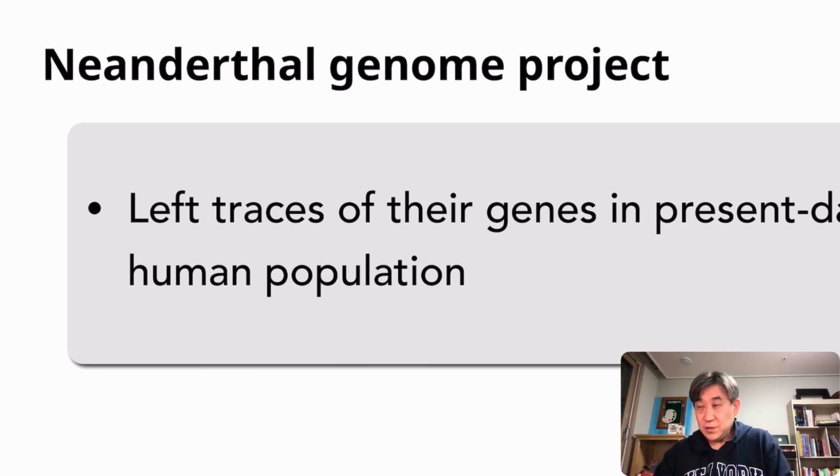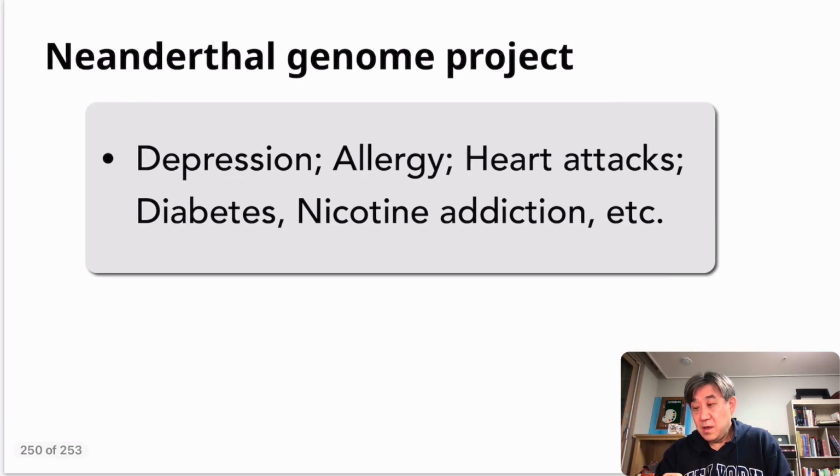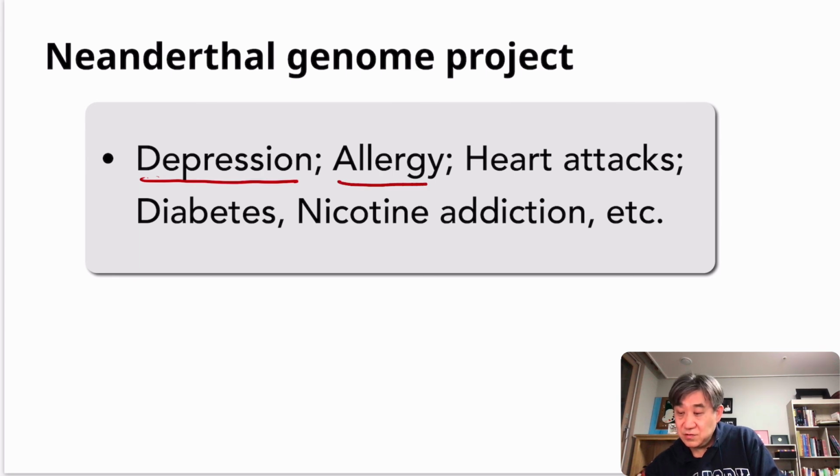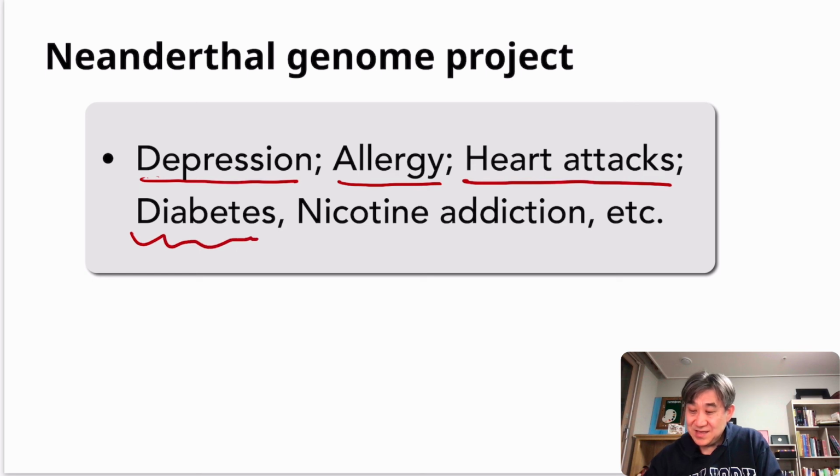And one particular characteristic of this Neanderthal genome legacy left on us is that a lot of those genes are so-called bad genes, like genes causing depression. Wow, genes responsible for causing the allergy response, and circulatory defects, including heart attack and diabetes and addictions.